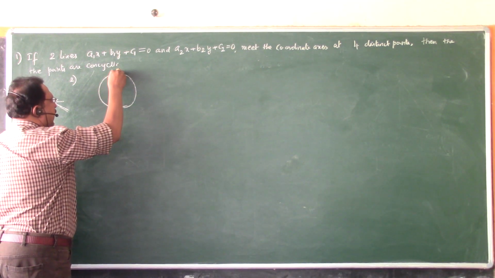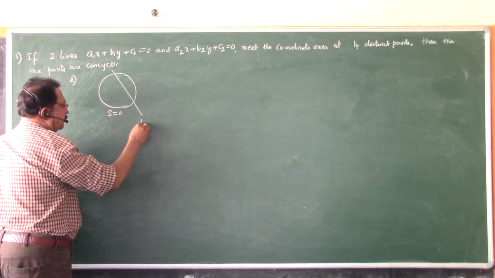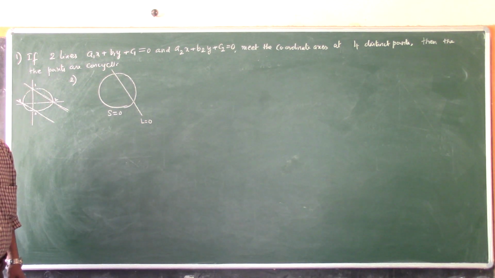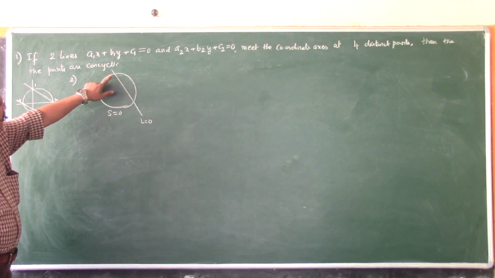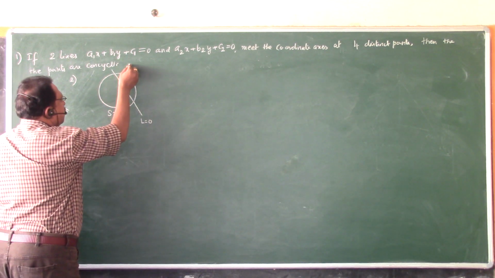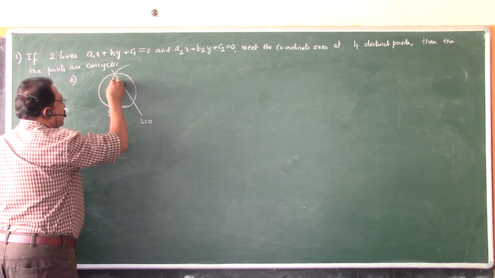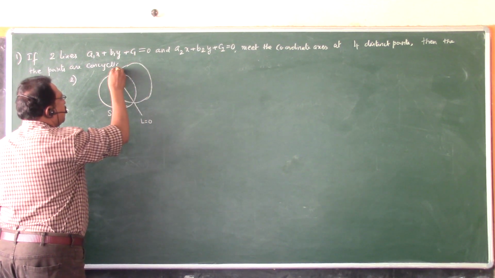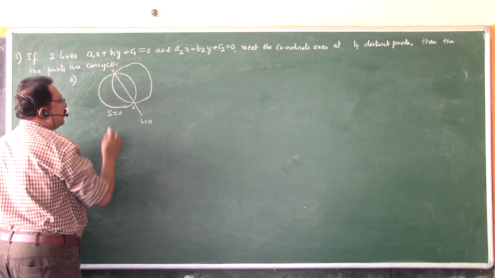Now, if a straight line whose equation is L is equal to 0, which is ax plus by plus c is equal to 0, intersects the circle at these 2 points. Now, the equation of the circle passing through the point of intersection. See, this is the first point of intersection, this is the second point of intersection.